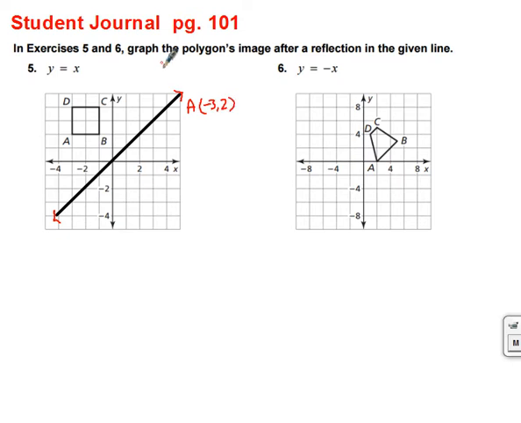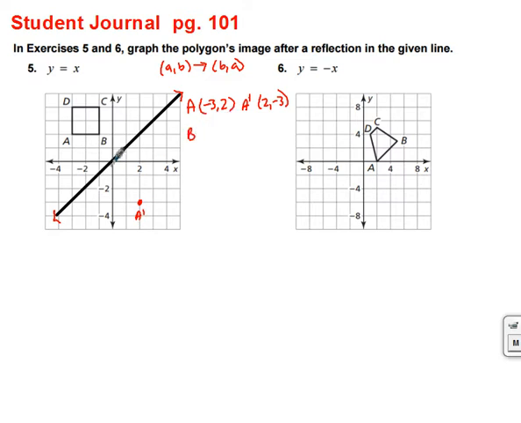Remember that when we're reflecting over y equals x, our point simply switches to where the y coordinate comes first. So A prime is going to be (2, negative 3). Okay? So instead of A being at (negative 3, 2), now we have (2, negative 3). So this is where A prime will be.